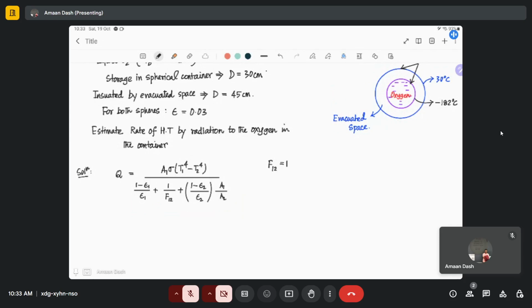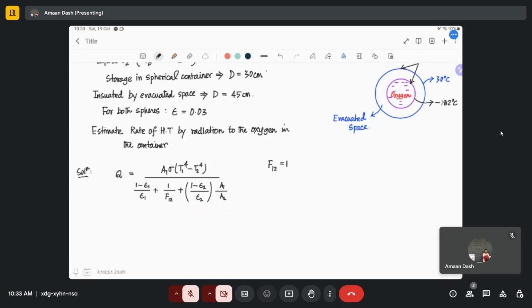Therefore, we can substitute it directly here.